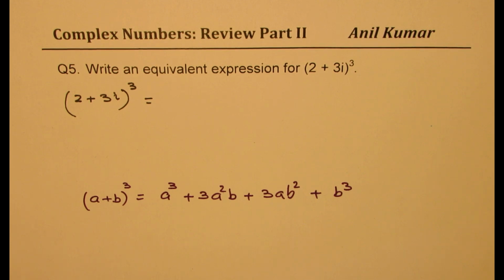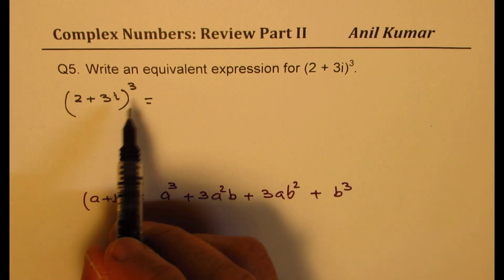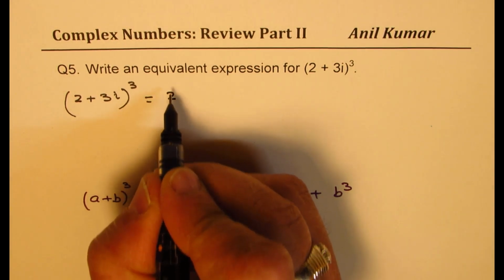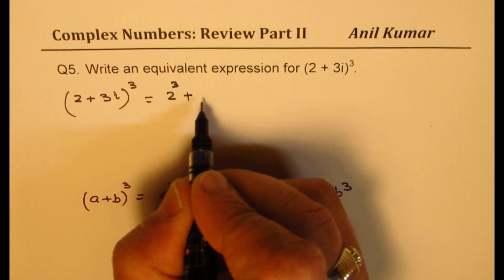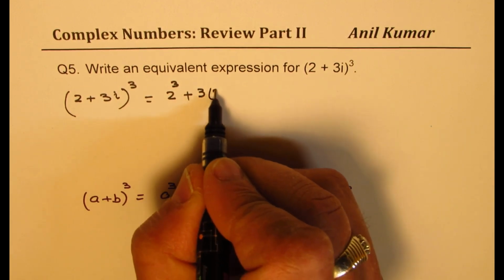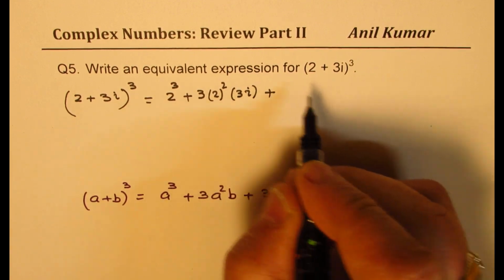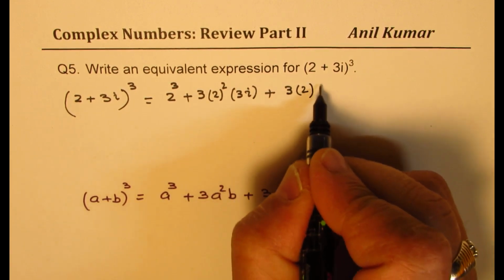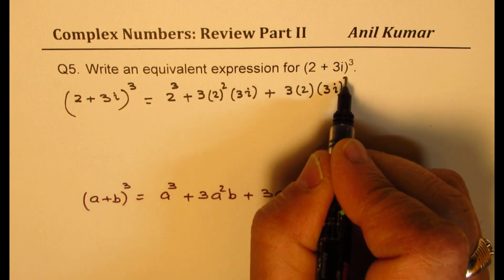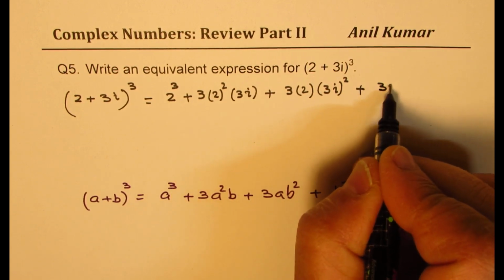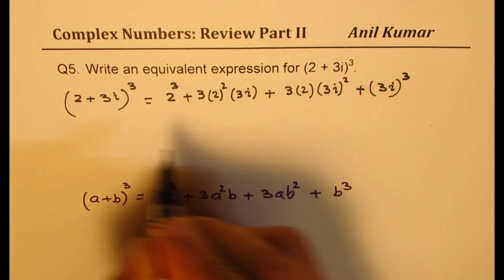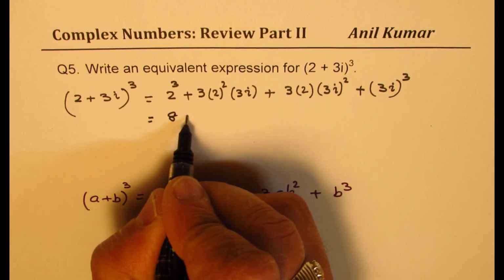We'll try to understand what is i cube with this example. So what we get here is 2 cube plus 3 times 2 square times 3i plus 3 times 2 times 3i square plus 3i cube. Now 2 cube is 8.